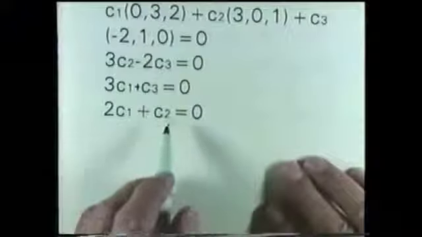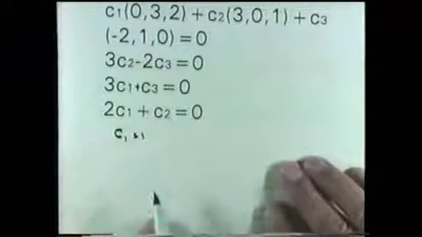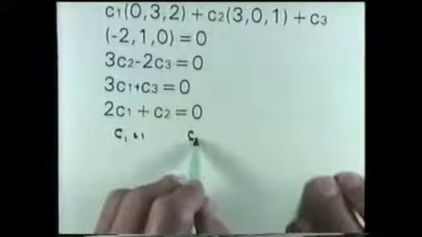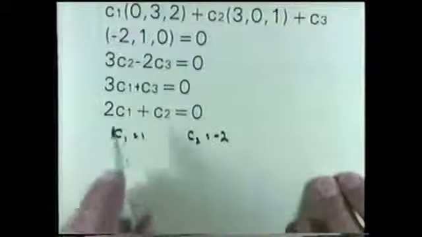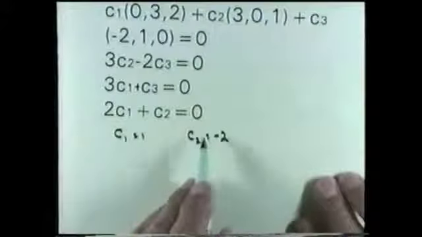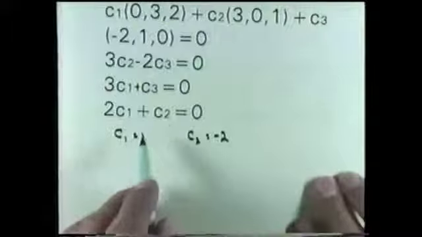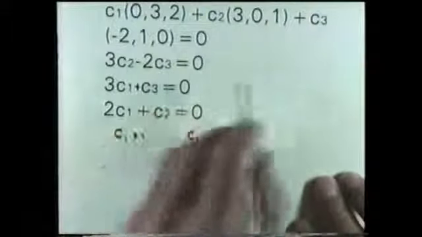So since I only have to find one non-zero solution, I'm just going to let C1 be 1. If C1 is 1, then that means C2 is negative 2.